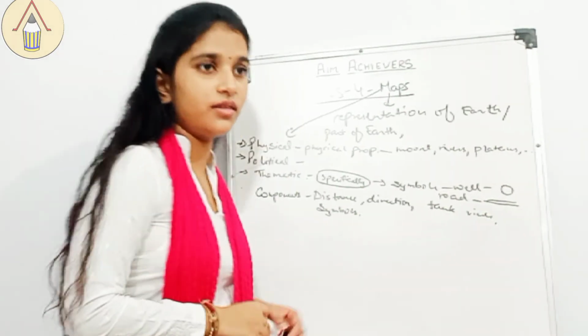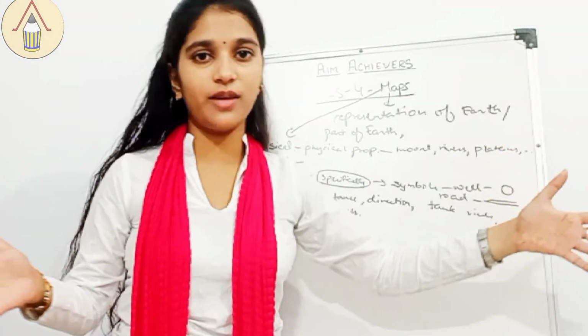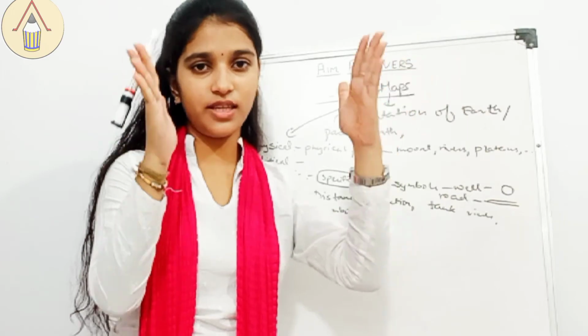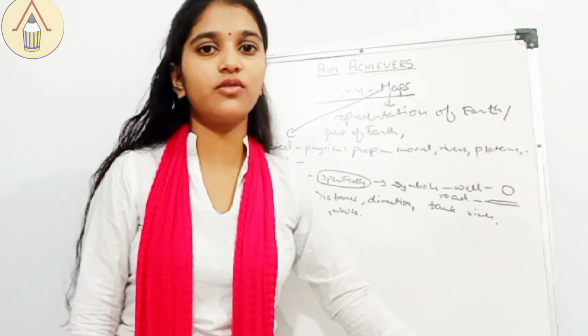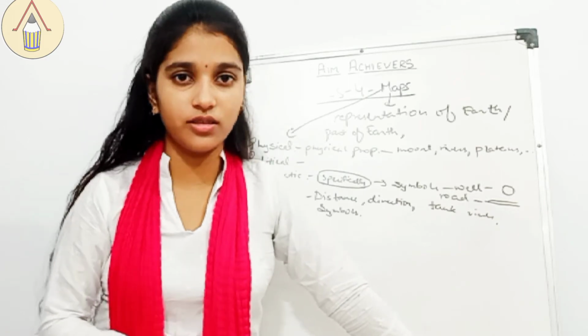Distance. Now we are taking it on a map. We can't make such huge maps. A map you must have seen is only this much thick. There are also huge maps, but not so big that they can cover the whole Earth.